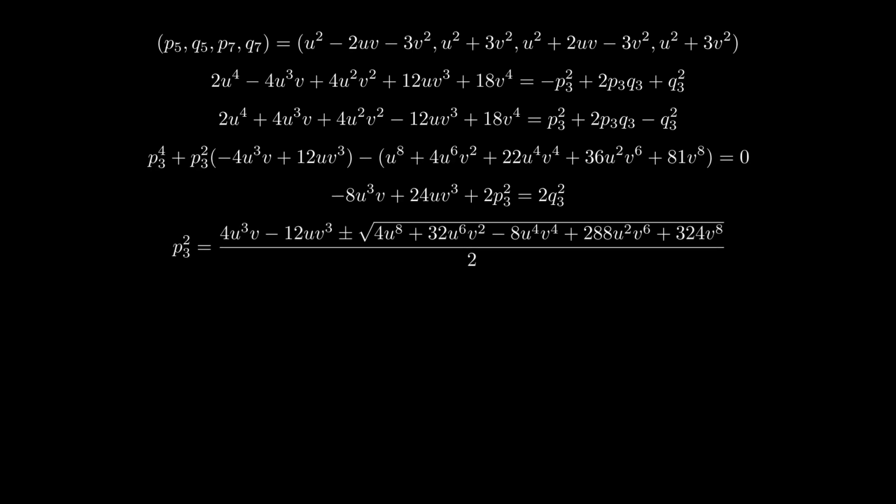In order for the expression under the radical to be an integer, we only have 2 options. U must equal 0 or v must equal 0. The solution set we end up with here factors down to another trivial solution. For v equals 0, it's the same story.